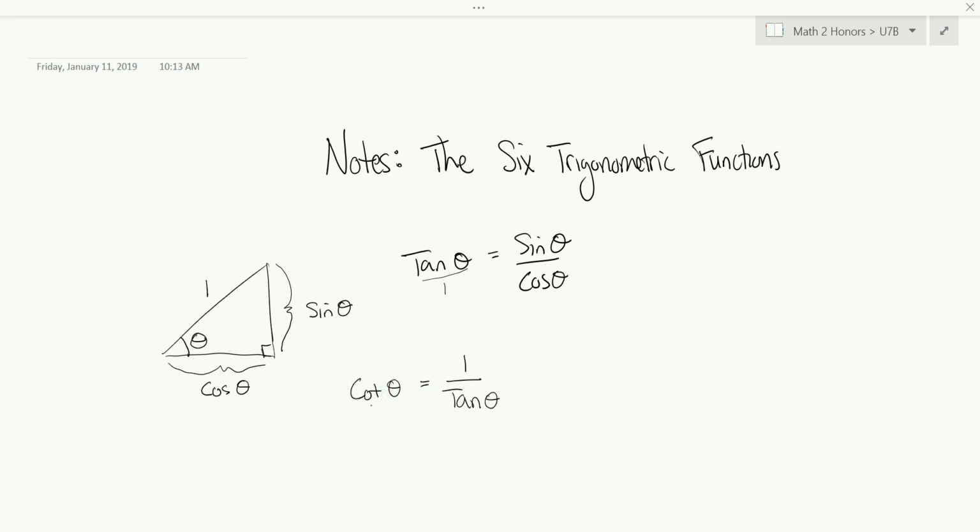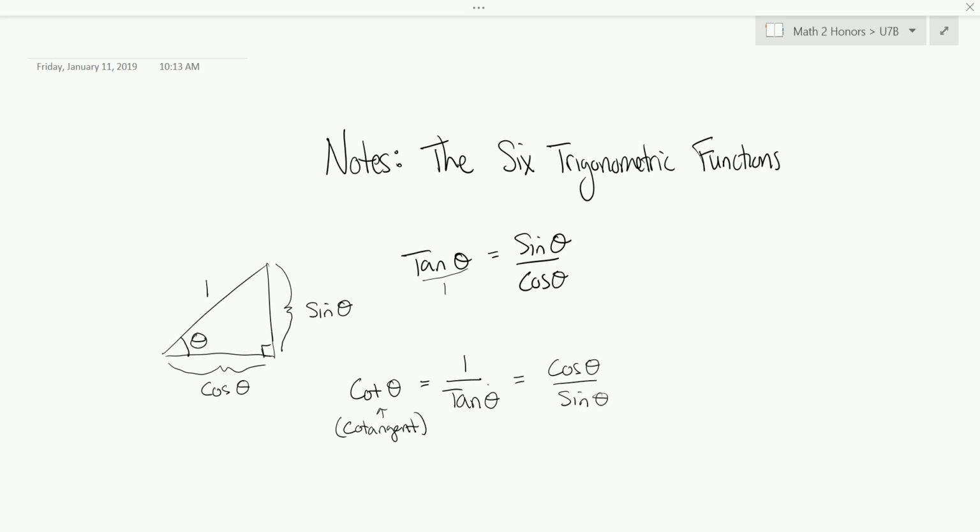It's abbreviated COT. I'm going to write the actual full name here. So cotangent is its name. And because tangent is sine over cosine, if we flip that fraction over, that gives us cosine over sine.